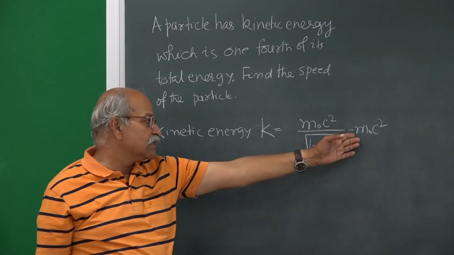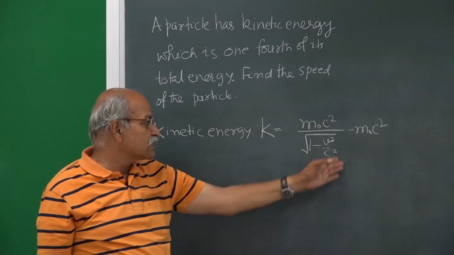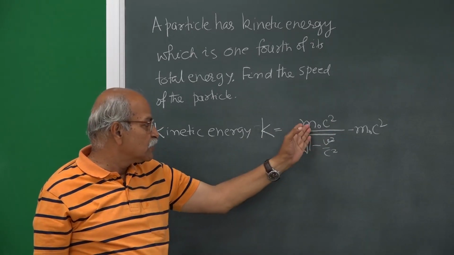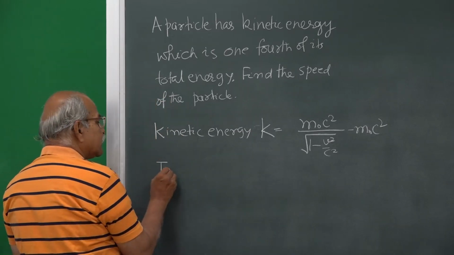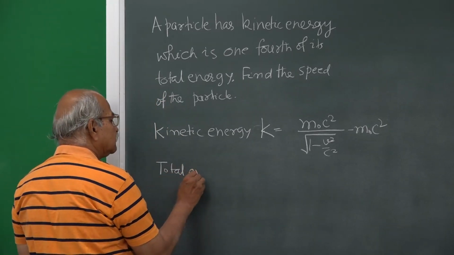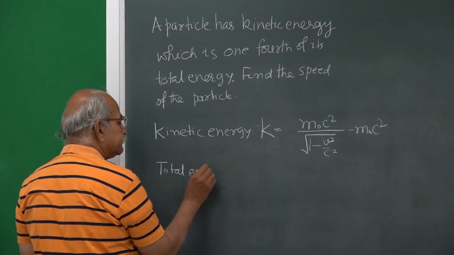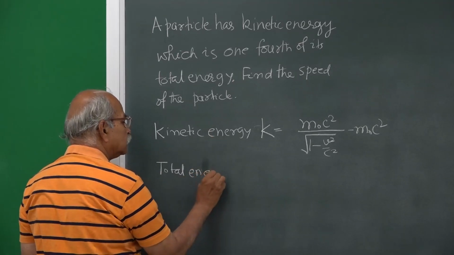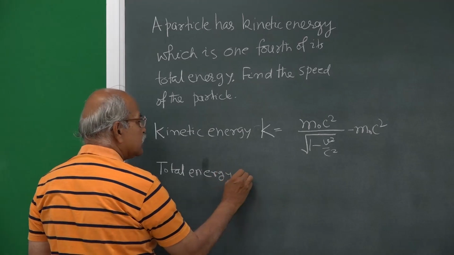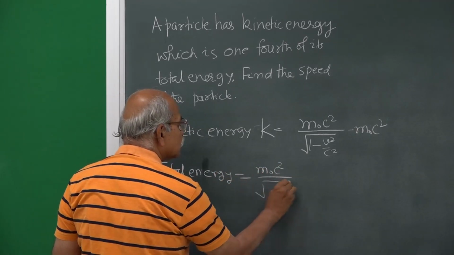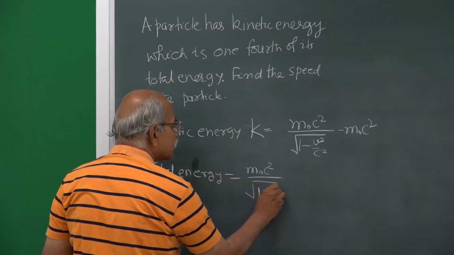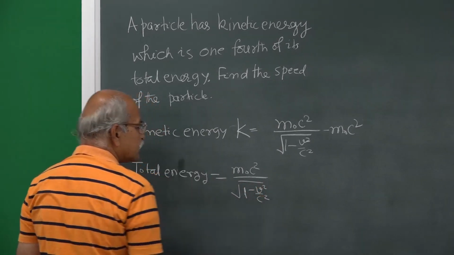So, this is the rest mass energy and this is total energy. Total energy is m naught c square divided by square root 1 minus v square by c square.